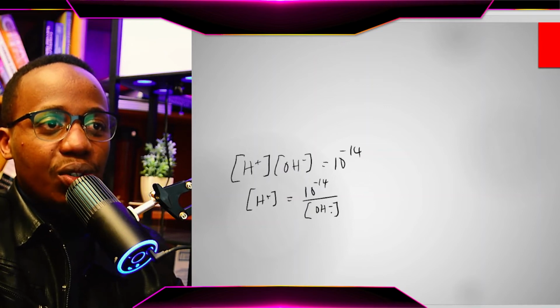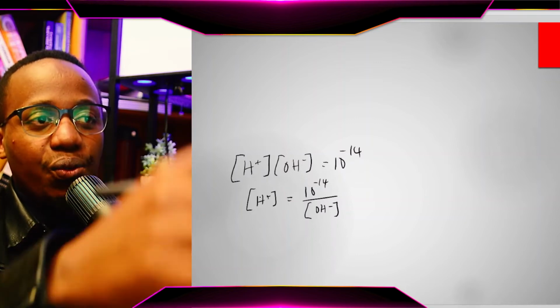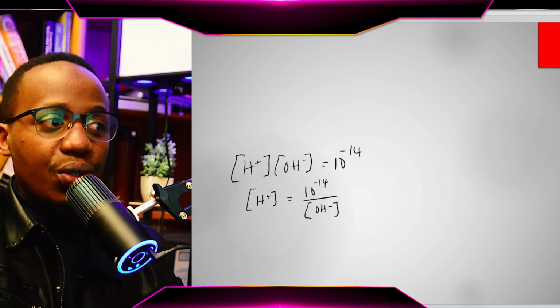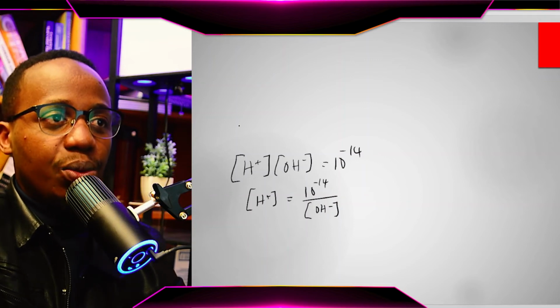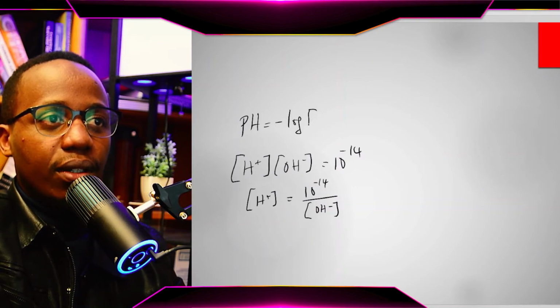So if you have the concentration of OH minus, you can find the concentration of H plus. And if you found the concentration of H plus, you can find the pH, because we know that the pH is equal to the negative log of H plus concentration.